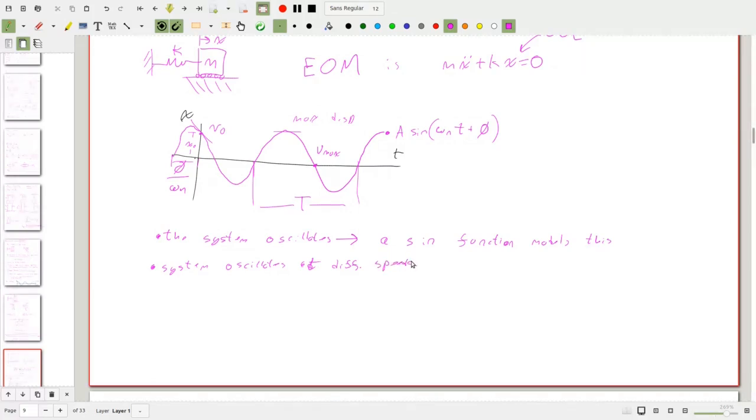Okay, who's in the back? Very back. We're just going to go around. Alberto. So the system oscillates at different speeds. How would you model that mathematically? You kind of need to make an alteration to the sine function, right? If you put a time inside the sine function, maybe we could multiply the time by something to slow down our time, right?